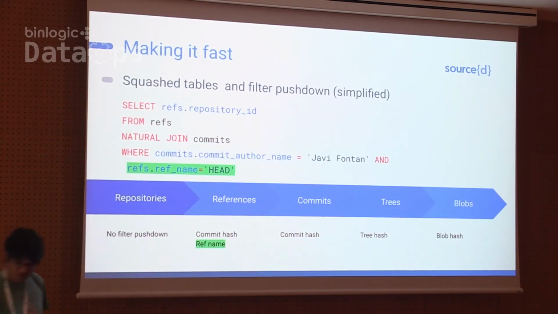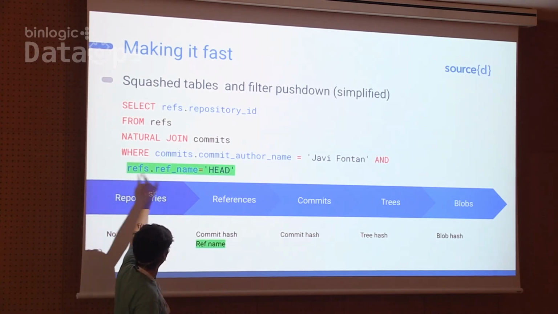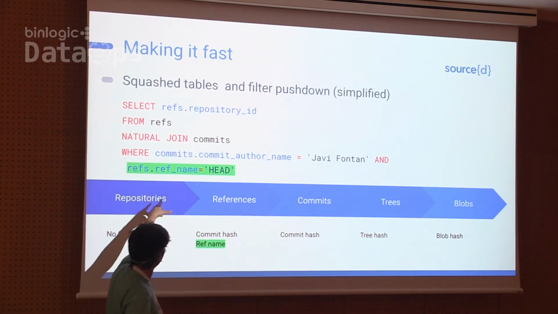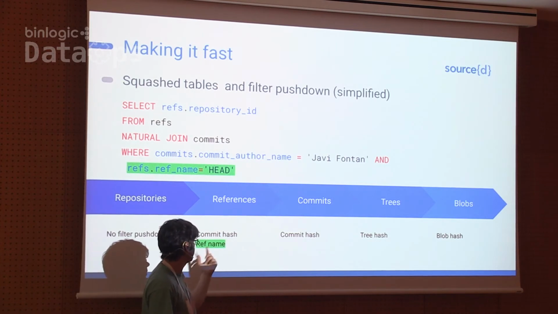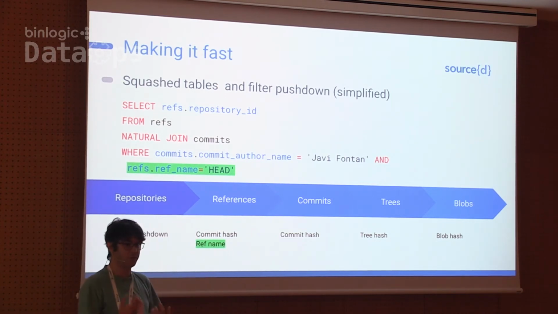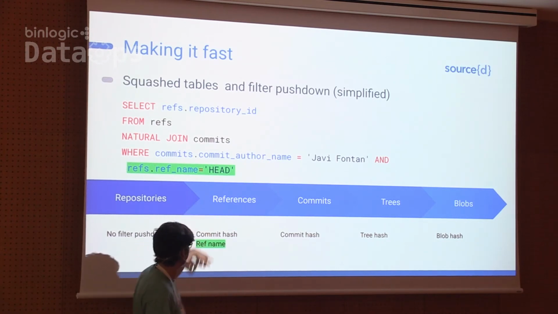So with these two working, take the same query. We can do a filter pushdown that says, OK, give me only the references whose name is HEAD. The good thing is that the table is able to retrieve only that, so it retrieves only the references with that name.